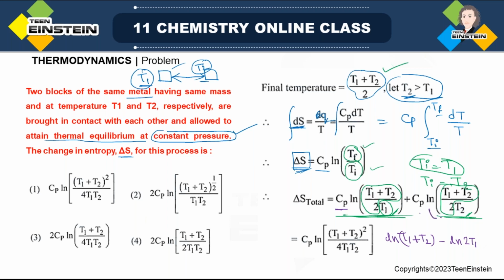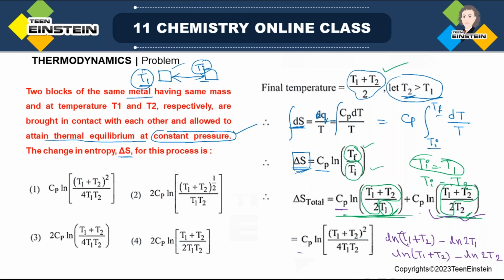So from this part also you will get ln T1 T2 and ln 2 T2. So finally, if you arrange, that is add all this, you will get this quantity, Cp ln of (T1 plus T2) whole square, because this is present 2 times, divided by 4 T1 T2.